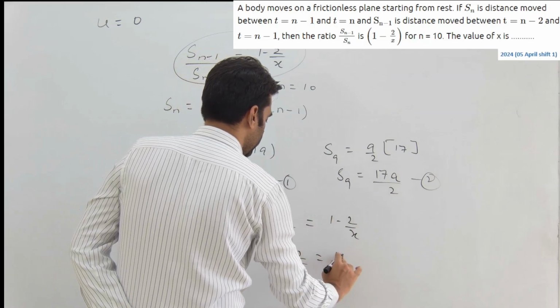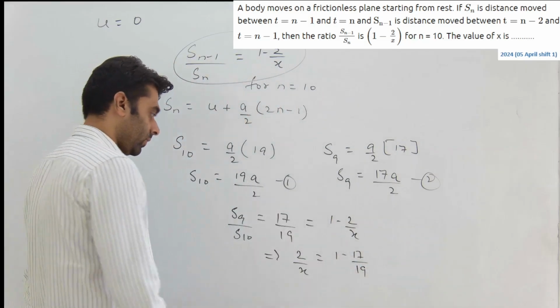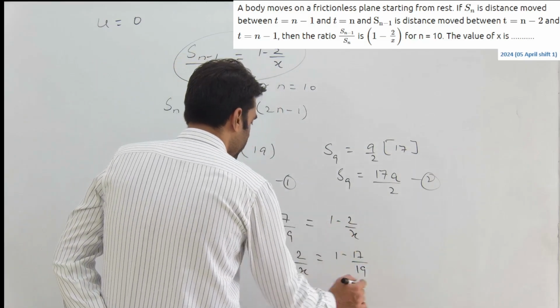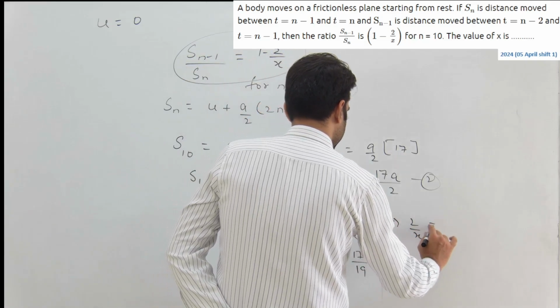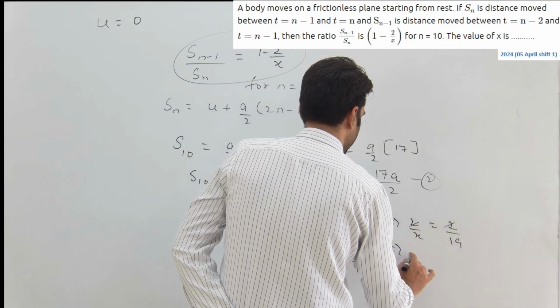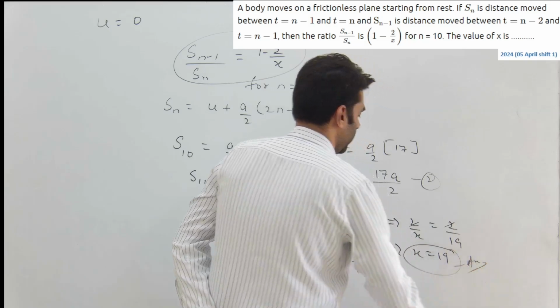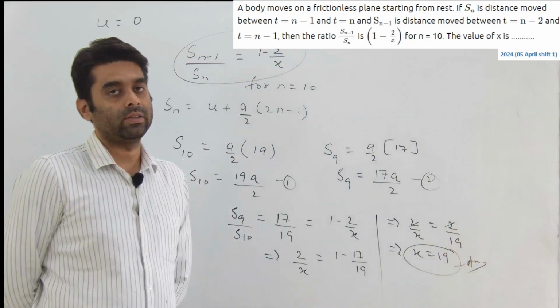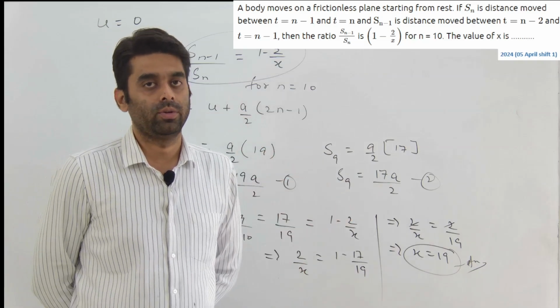Solve it over here. So 2 by x is equal to 1 minus 17 by 19. If we solve it, 2 by x is equal to 2 by 19. 2 cancels out. x value comes out to be 19. Right. So the answer for this question is x equals 19. I hope the procedure and the calculation is clear to you. Let's move ahead.